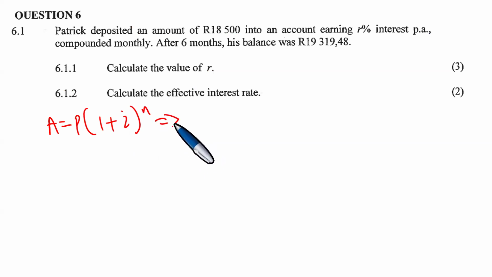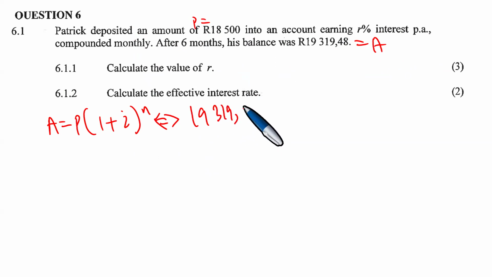So now we take note of the following. Patrick deposited an amount, so there was a present value of 18,500 into an account earning R% interest per annum compounded monthly. After 6 months, his balance was this. So this became our A, the final amount, 19,319.48, and this was our present value, 18,500. 1 plus, what is the interest rate?